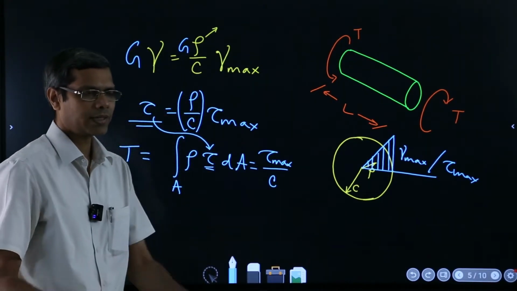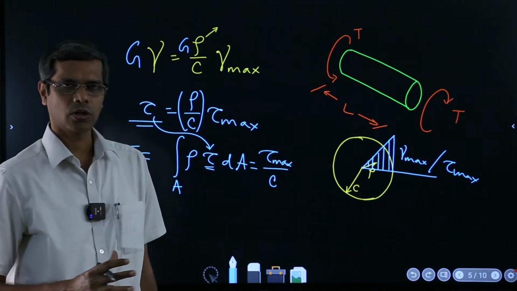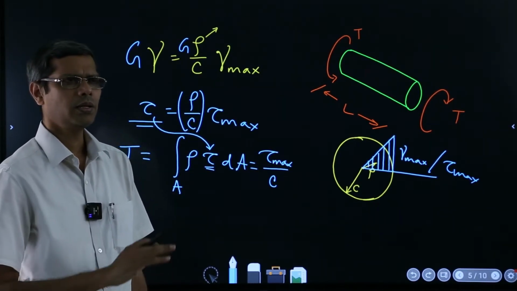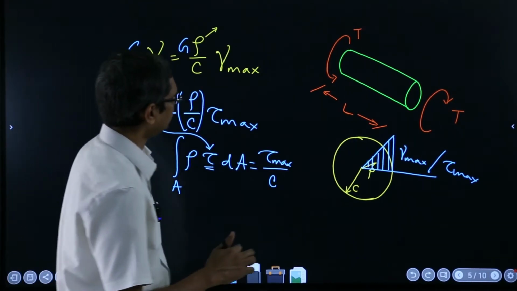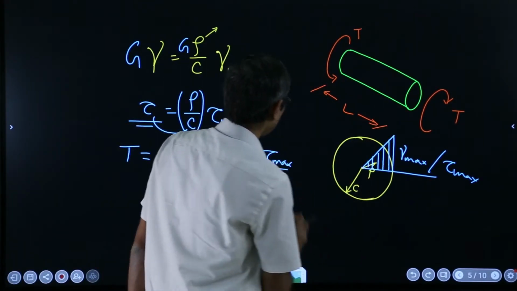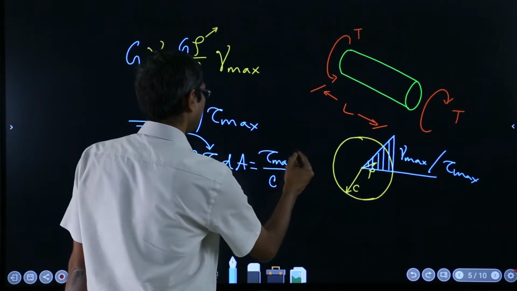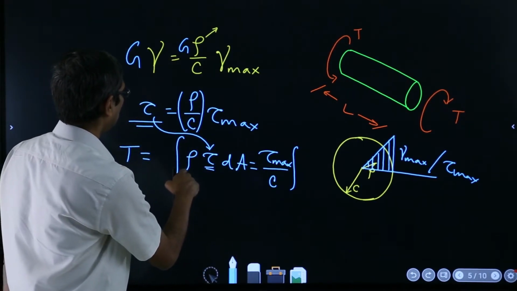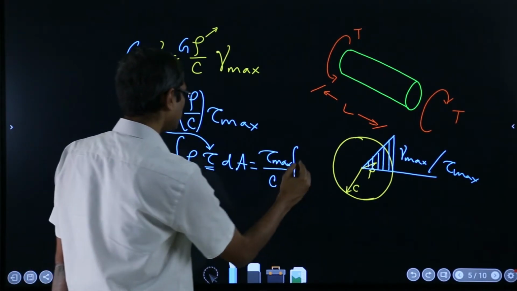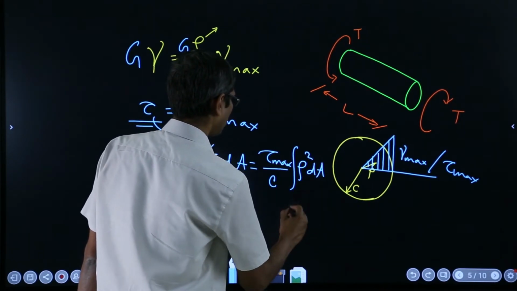When I say constant, what I mean is that once you apply a torque in a given condition, the maximum stress which has been developed is a constant. Then the integral is rho square dA over the full area.